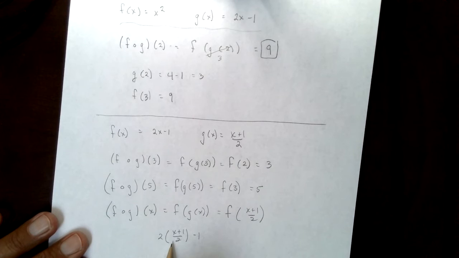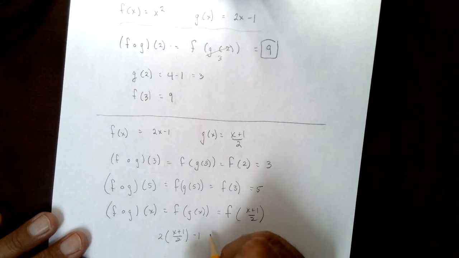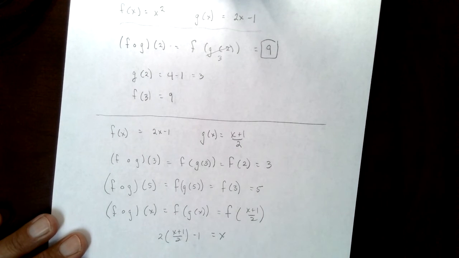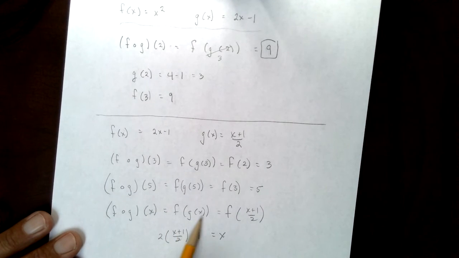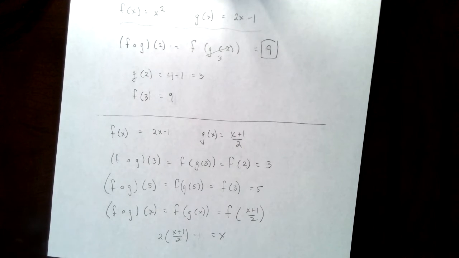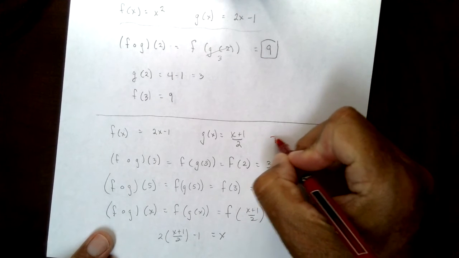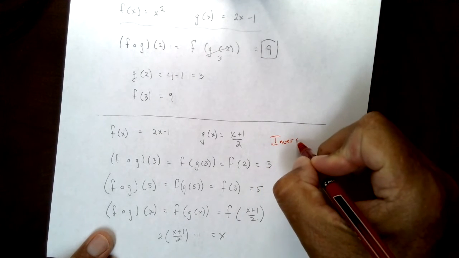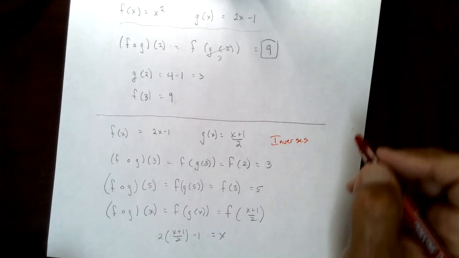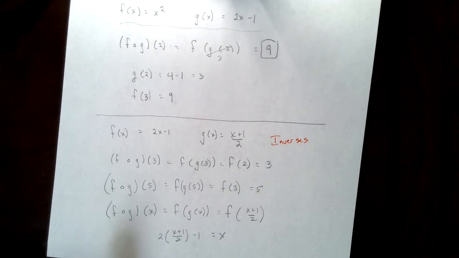The 2's cancel. x plus 1 minus 1. I end up with x. No matter what value I start with, when I go through the composition of functions, I'm going to end up with that same value. And what we come up with when that occurs is that these functions are inverses of each other. So if you ever hear of inverse functions, that's what we're talking about.